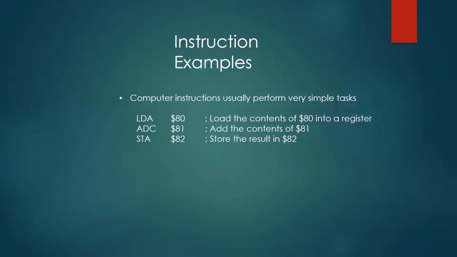The ADC instruction adds the contents of memory location $81 to the value in the A register and updates the A register with the results. The STA instruction stores the updated value from the A register to location $82.